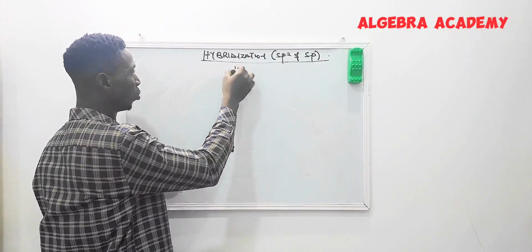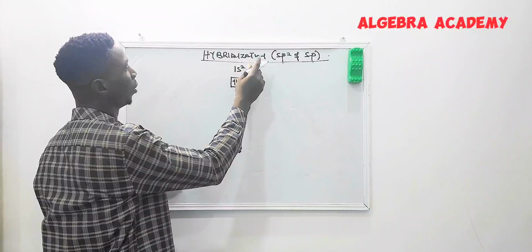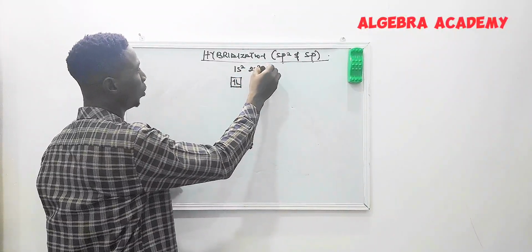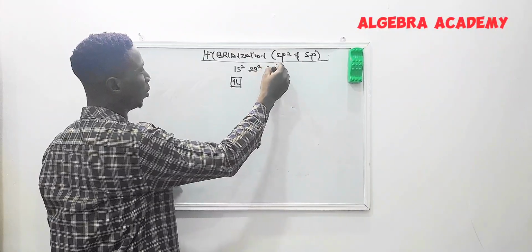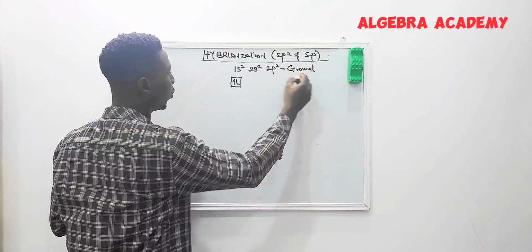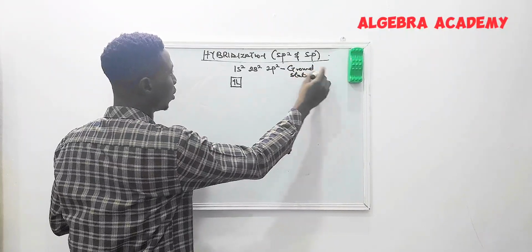Carbon is 1s2, 2s2, and 2p2. That is the ground state configuration of carbon.